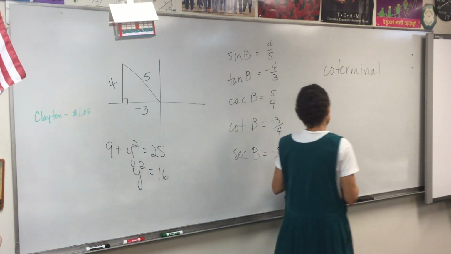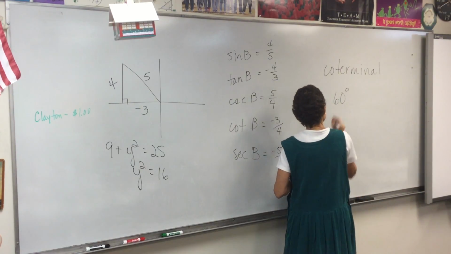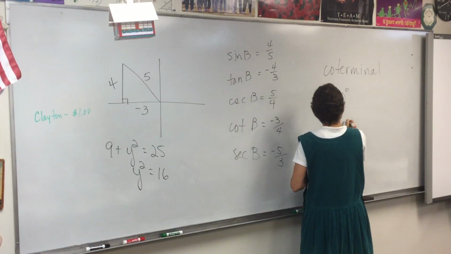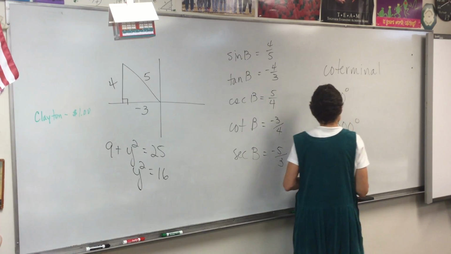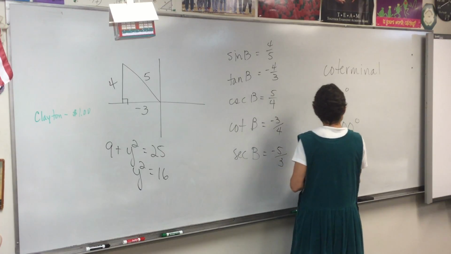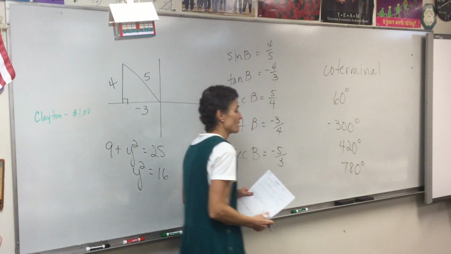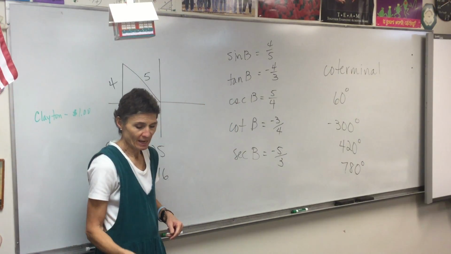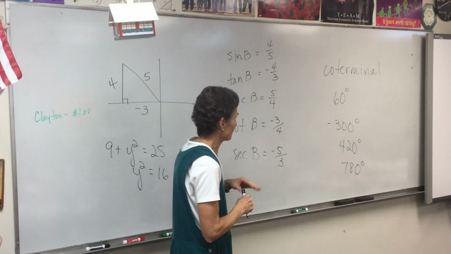What do we mean by coterminal angle? So the given angle is 60. So some angles coterminal with that would be negative 300, positive 420, 780. These would all be examples of coterminal angles. And there are zillions more. Literally zillions more.